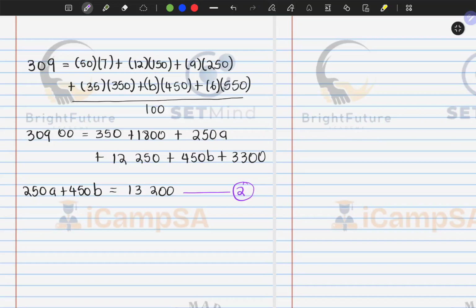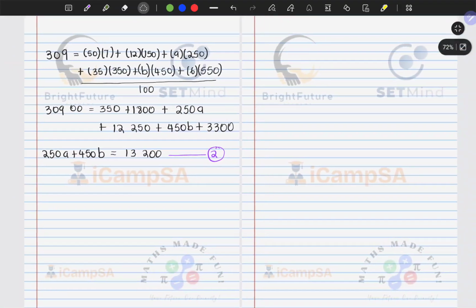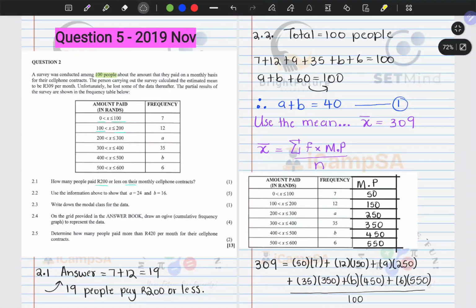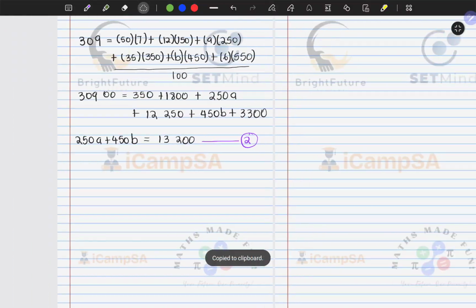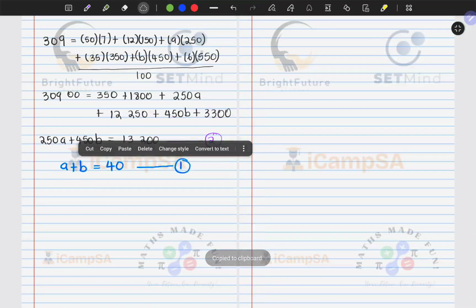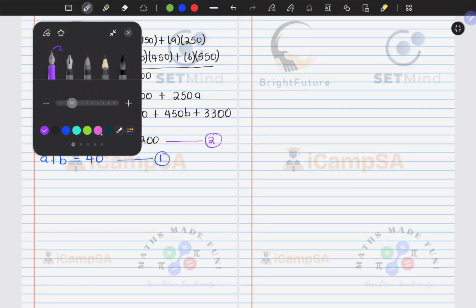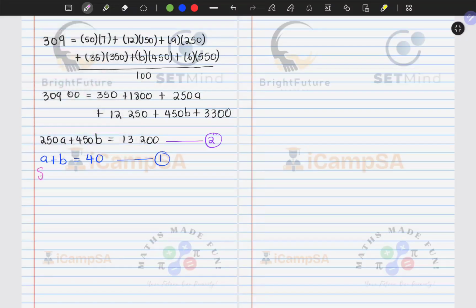Okay. And this here, what we can do, guys, we can call it equation number 2. How's that? Okay. Very nice. So we now have equation 1 and 2. So let me go and fetch equation 1, which is that. Now, what we need to do is just solve this simultaneous equation.